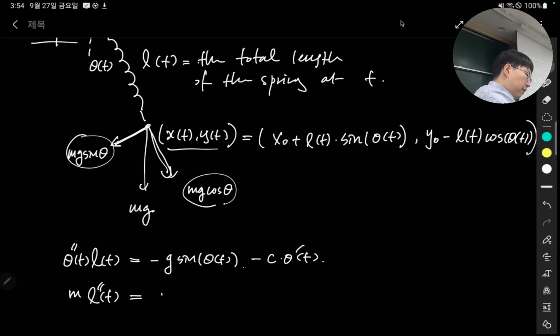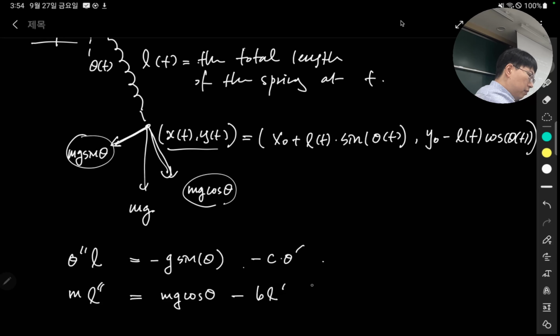First we have mg cosine theta. I can take away the t part, just to keep it simple. And then what other forces are there? Drag force or resistance, b L prime.